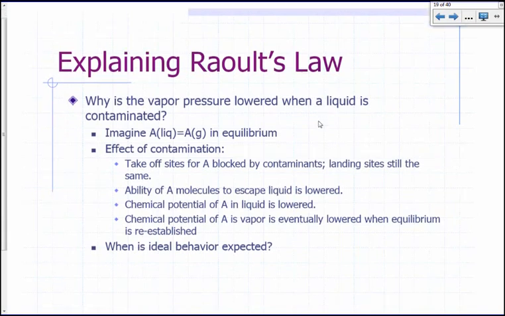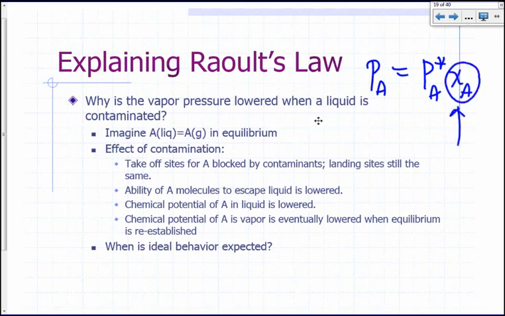All right. Now, how do we explain Raoult's law? Why is the vapor pressure lowered when a liquid is contaminated? That's basically what it's saying, right? The partial pressure of a volatile component A is equal to its pure vapor pressure times the mole fraction of A. So since X of A is a number less than 1, the actual partial pressure above a contaminated liquid A would be less than what it would be if it was pure.